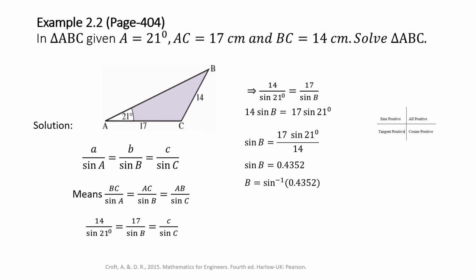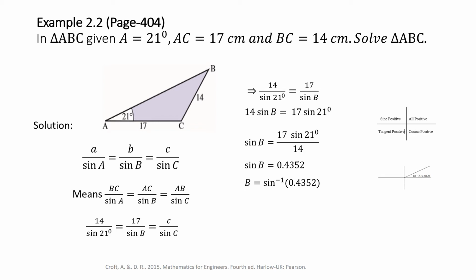But if you see, sine B is equal to 0.4352, which is positive, and sine is positive in the first quadrant and in the second quadrant. So sine can have two values.